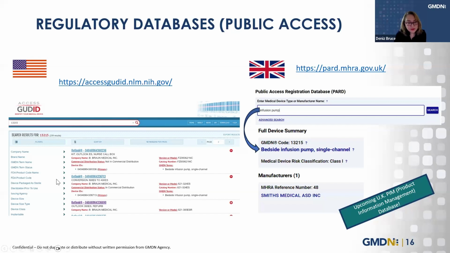So here you can see the infusion pump, bedside infusion pump, single channel. The GMDN code makes it available and traceable in different platforms. And we're very excited to work with the UK PIM database, and it's going to be a great addition and a great help in terms of device analysis.